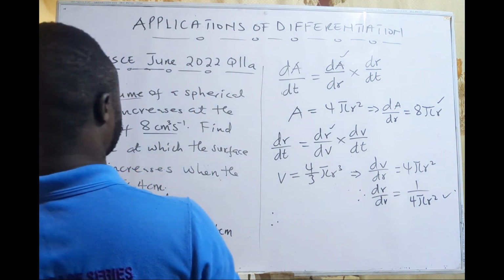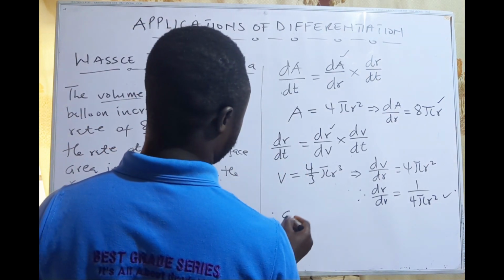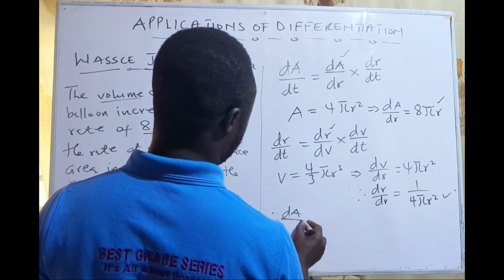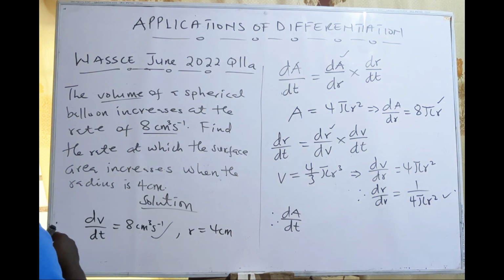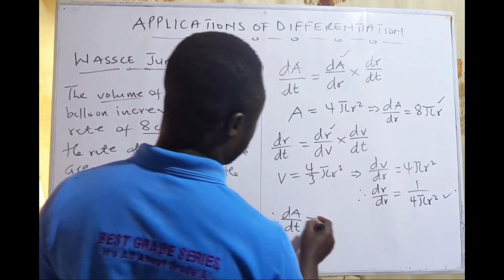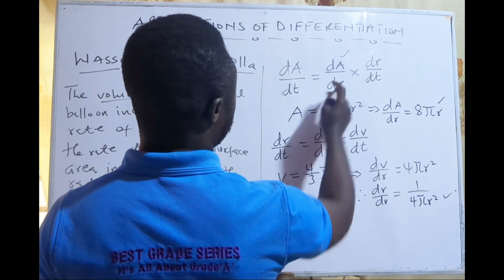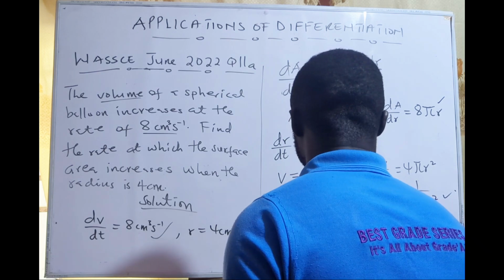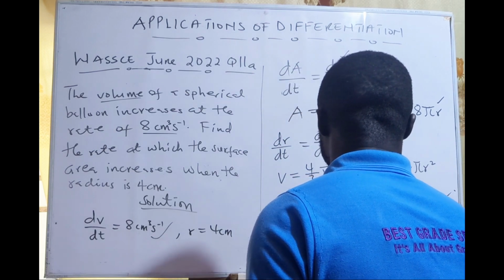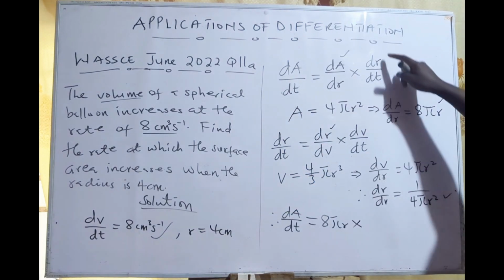All right. Therefore, what can we say? Our main thing we are finding is dA/dt, the rate of change of area with respect to time. It is going to be dA/dr. What is dA/dr? 8 pi r times dr/dt.